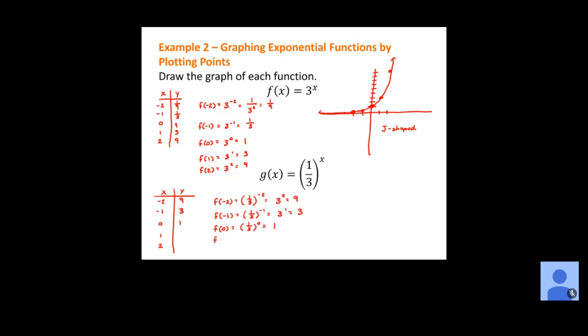All right, and then if we do our f of 1, that's just 1/3 to the first power, which is 1/3. And then f of 2 is going to be 1/3 squared, which would give us what?